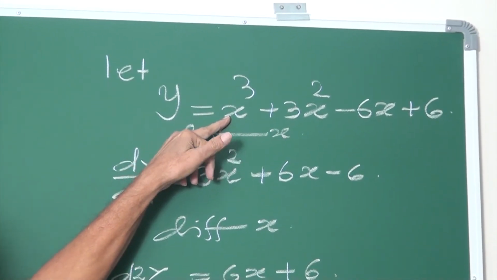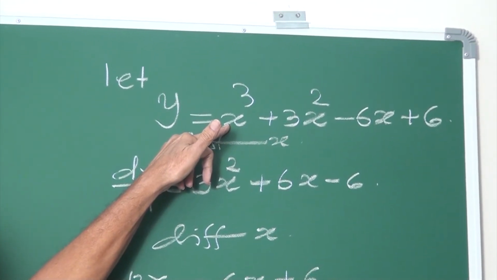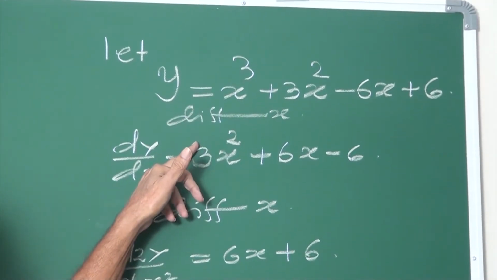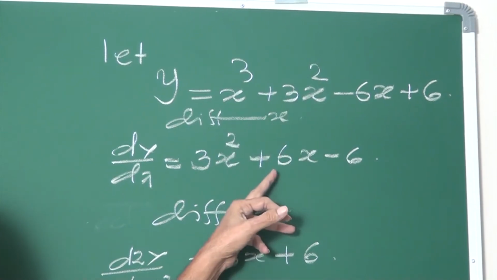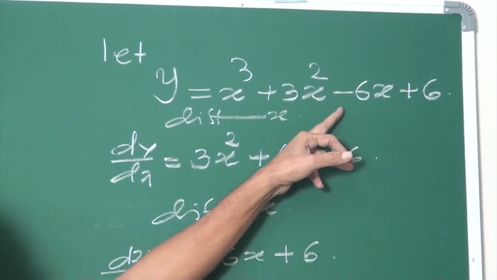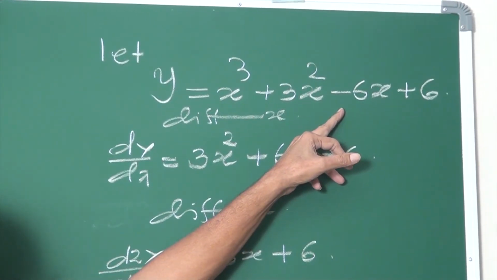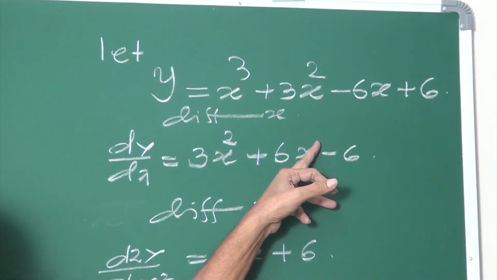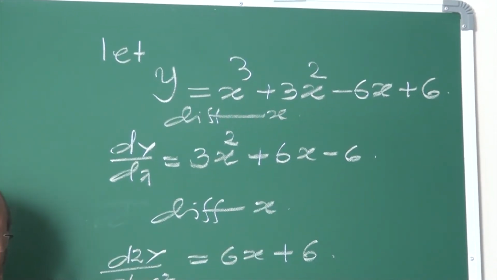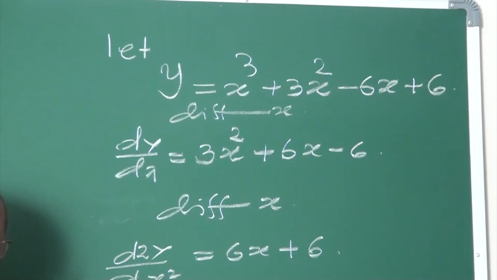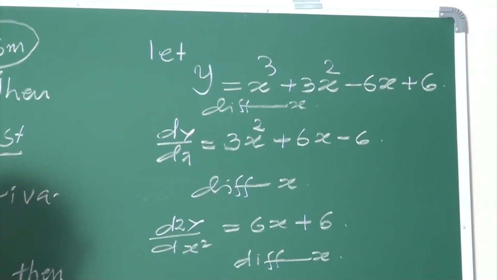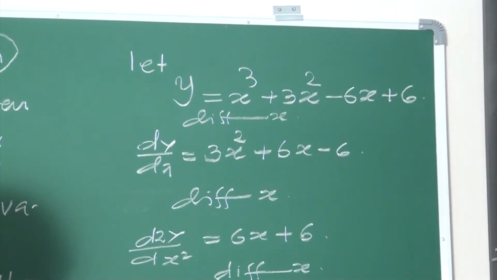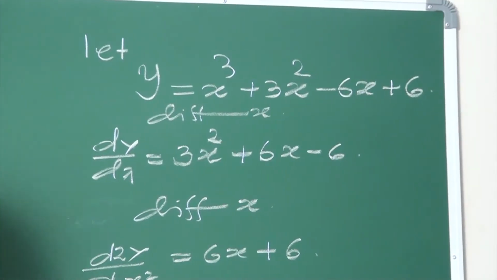Differentiating x to the power n gives n x to the power n minus 1, so 3x squared. Then 3 into 2 is 6x, one power less. Minus 6x, its derivative is minus 6, since the derivative of kx is k. Last is plus 6, being a constant, its derivative is 0, not written there.